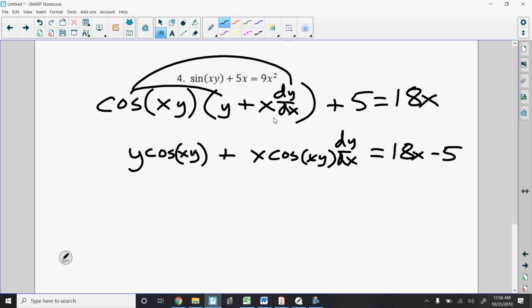Okay, now I got rid of that parentheses. Now I can just work on getting dy dx by itself. There's only one dy dx that came up within this problem. So I'm going to go ahead and subtract away the y cosine xy and leave it like this.